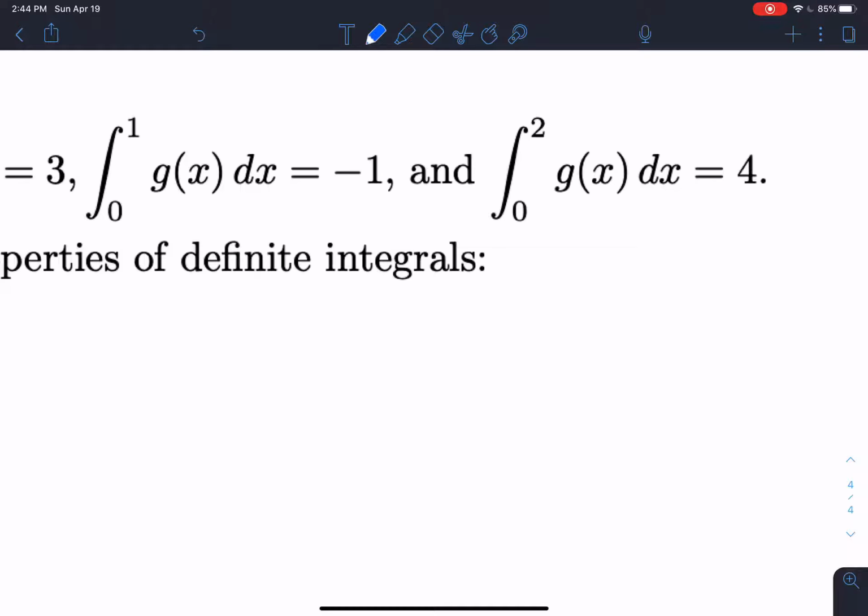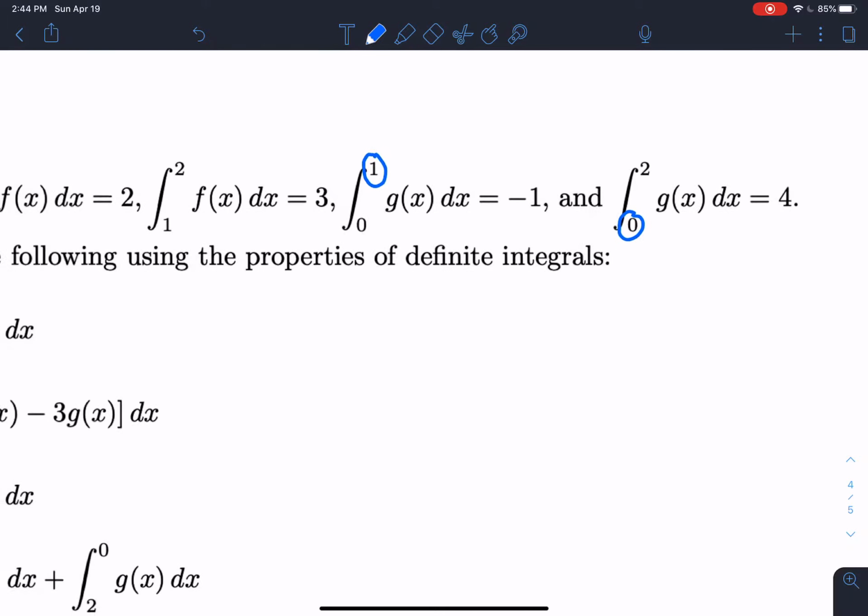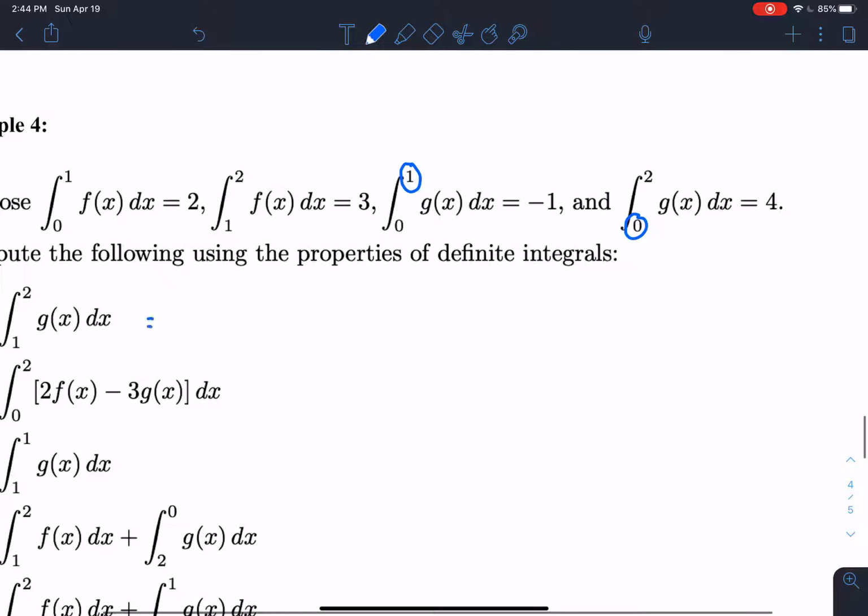Now in order to add them together, this top number needs to match up with this bottom number here, okay? Now, as they're written right now, they're not, okay? But if I switch this first one, we can make that then from 1 to 0 of g of x, okay?